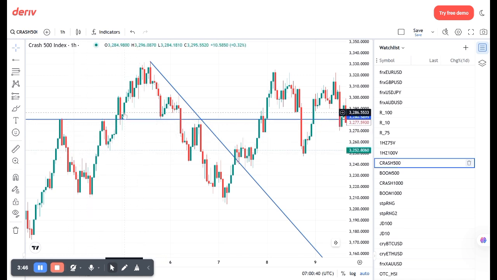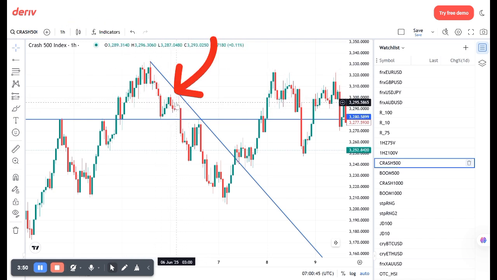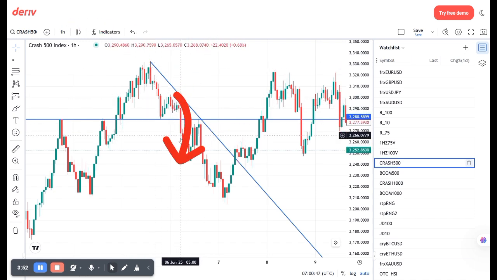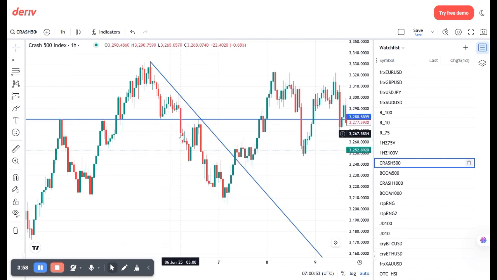So let's say price is already moving downwards and is somewhere here at this juncture. We've already drawn our support or resistance to mark our zone.